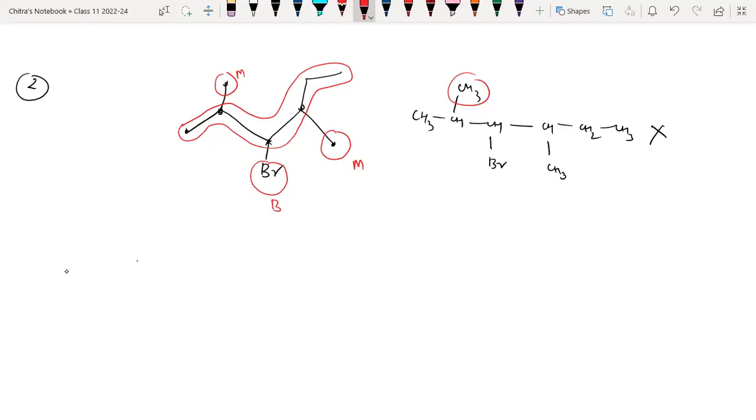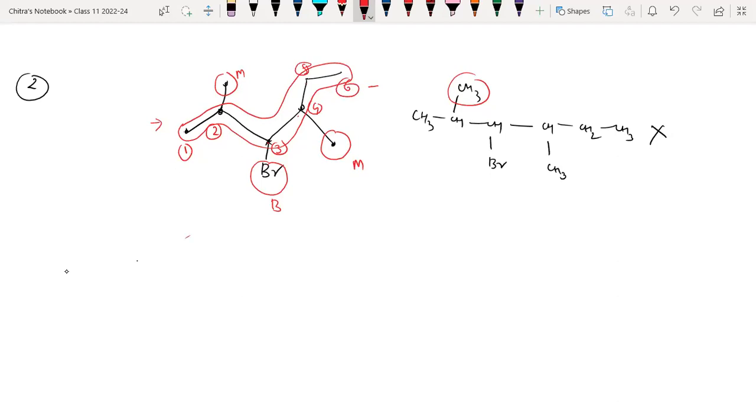So from this side, it is 1, 2, 3, and 4 position. But from this side, it is 1, 2, 3 position. So we have to count the number of carbons from this side, the left side. So carbon number 1, carbon number 2, 3, 4, 5, and 6. Okay. Again, we have to write the name in alphabetical order only.